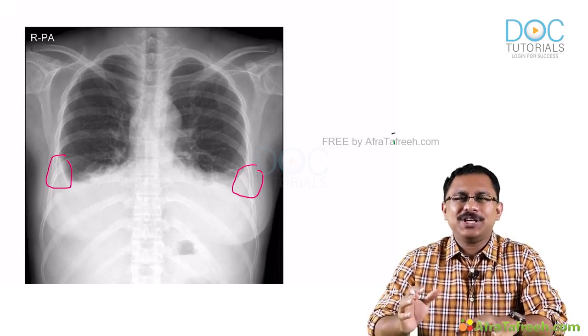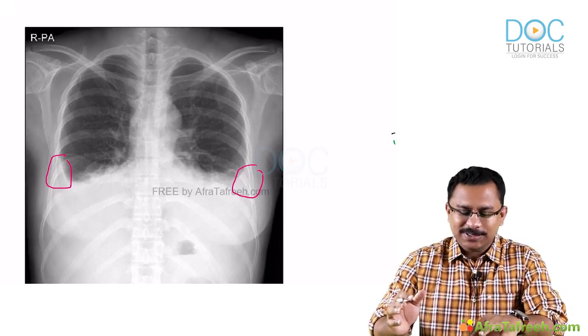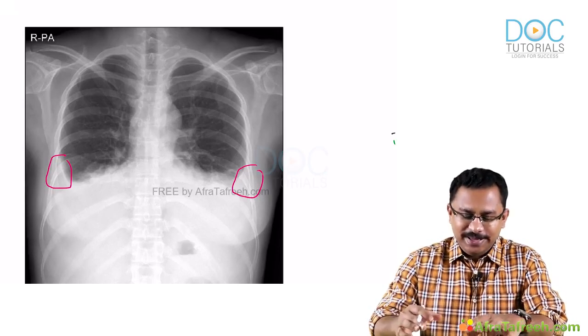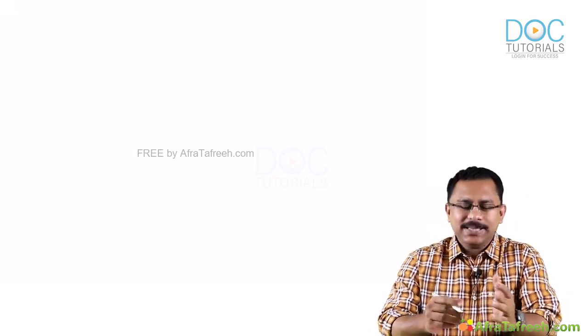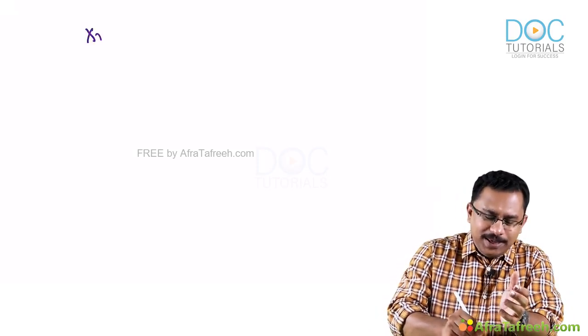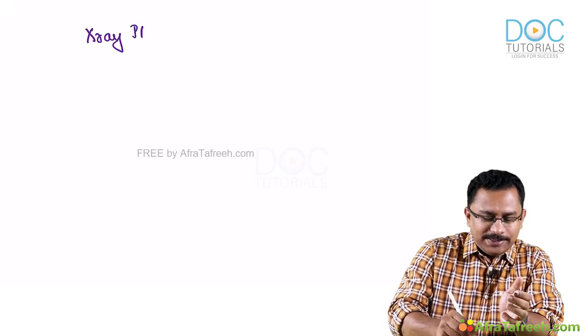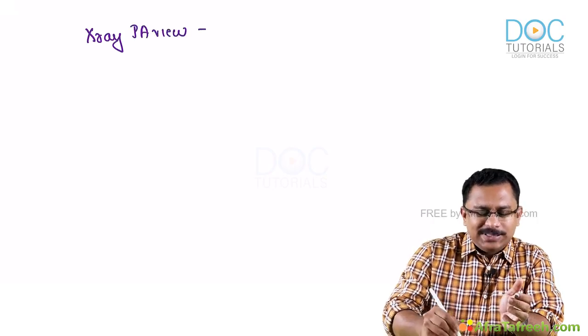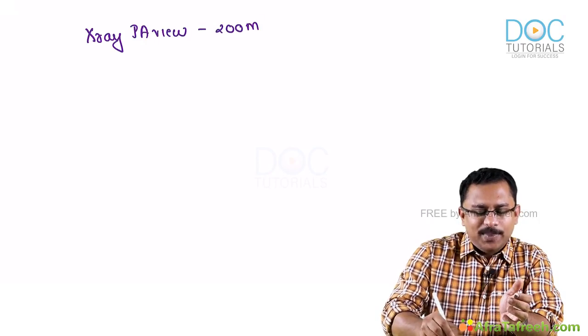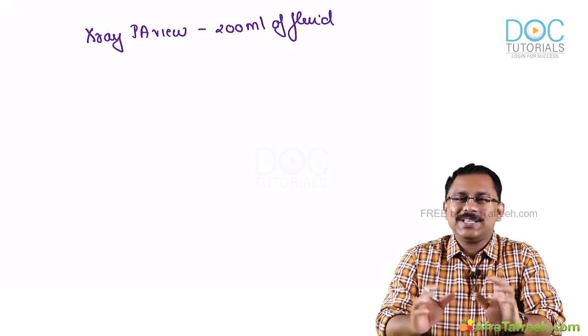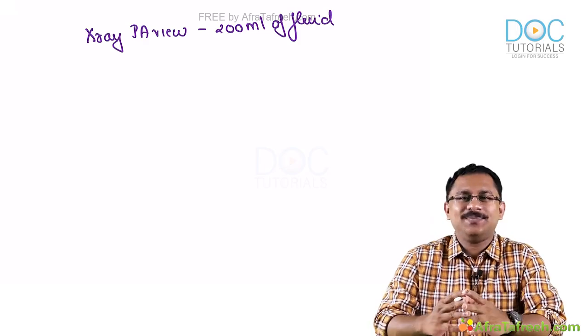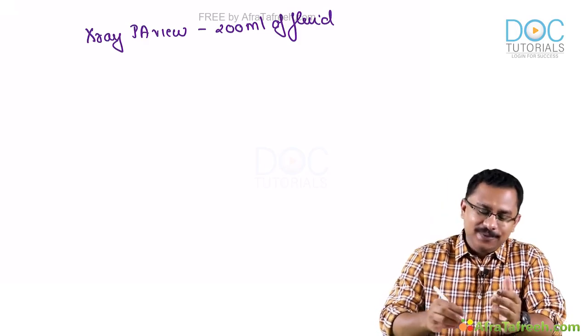Now there are a few MCQs that you should know about the utility of the X-ray. When you have fluid in the pleural space, if you go for a chest X-ray, a PA view, you almost need around 200 ml of fluid to be detectable.